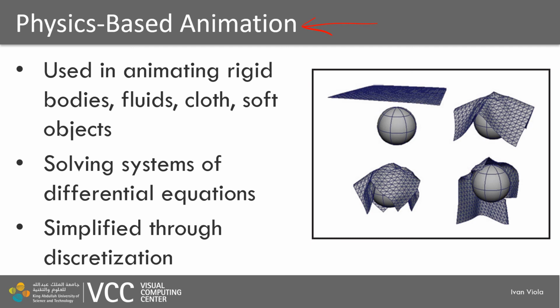And with that, we can animate a lot of natural phenomena. We can animate cloths, we can animate gravity, we can animate the planet system orbiting around the star. We can animate fluids, soft bodies, cloth, and many other objects.